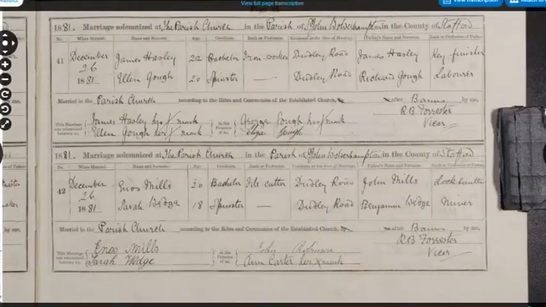So that gives you a pointer to the names of other people in the family. George clearly isn't Ellen's father, because Richard Goff is down as the father, but he may be her brother, and Eliza could either be her sister or her sister-in-law. So it gives you a little pointer about directions to search in for other members' names to put on your family tree.